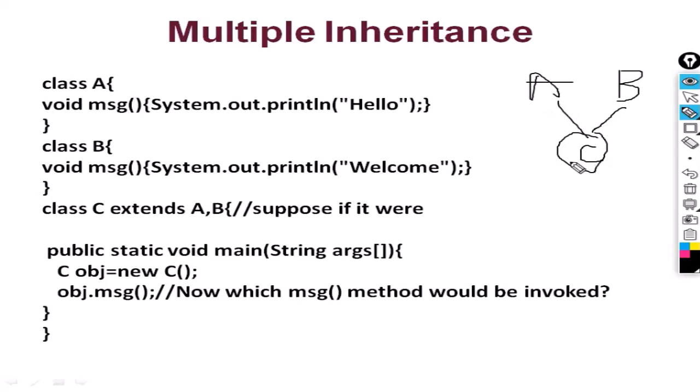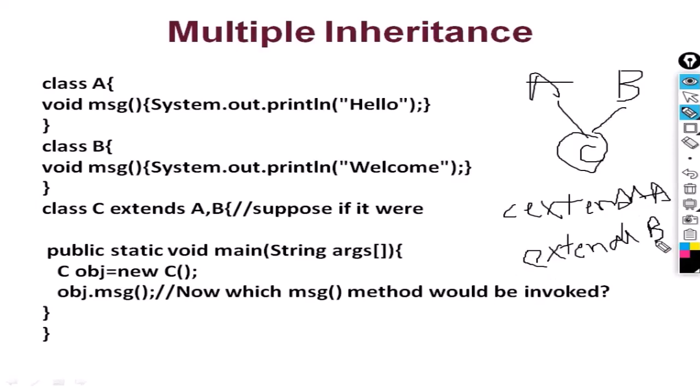C and A should have a relationship, that means C extends A. Then again it has to extend B. But we can use only one extends, we can't use extends two times.